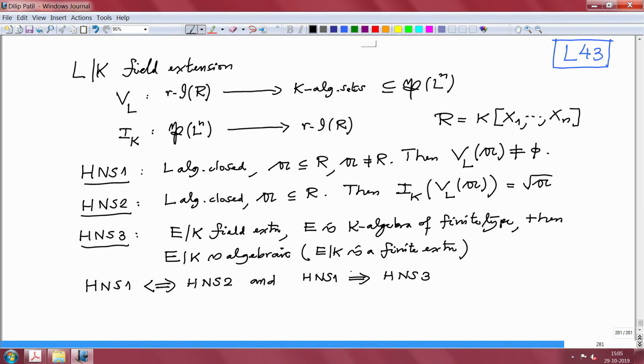So, I will just mark this is proved, this is proved, and what remains to prove is this implication, HNS3 implies HNS1, and the proof of HNS3. These two things are remaining, which we will do today. If we prove these two things, then we would have proved that all these HNS 1, 2, 3 are equivalent and they are all true.